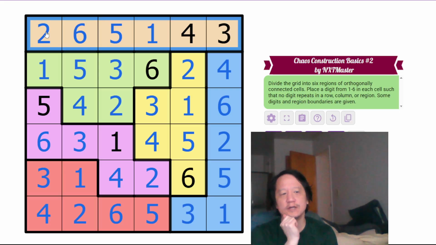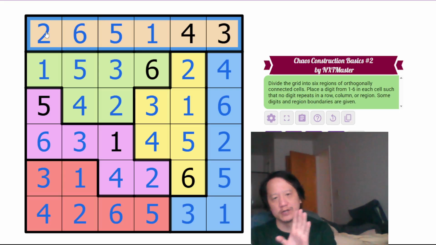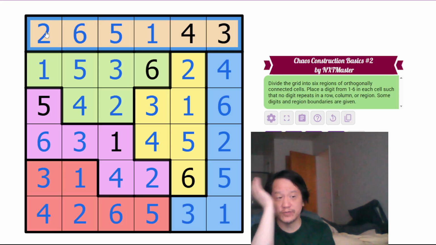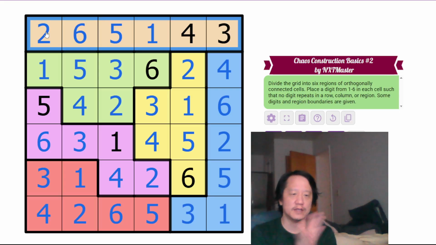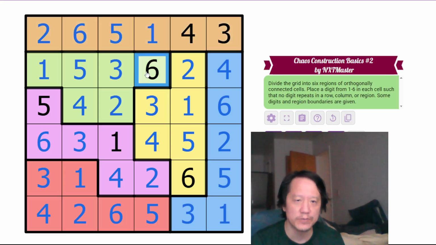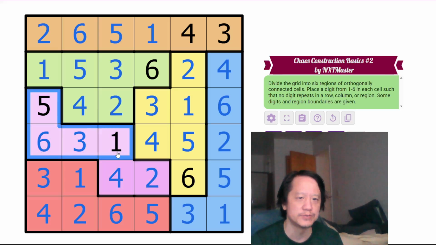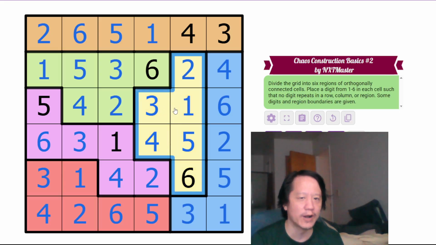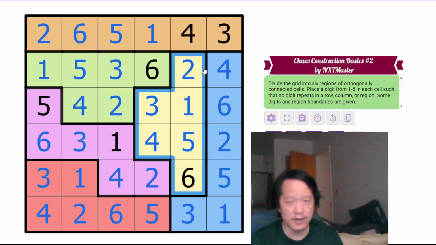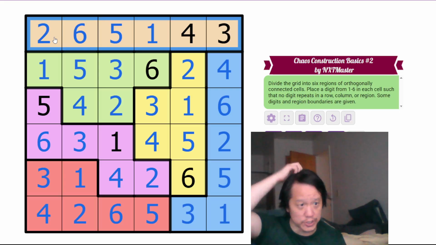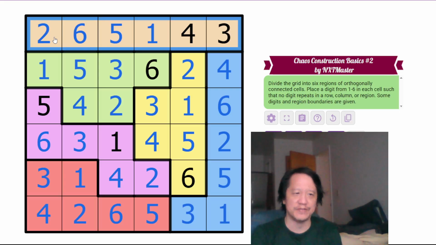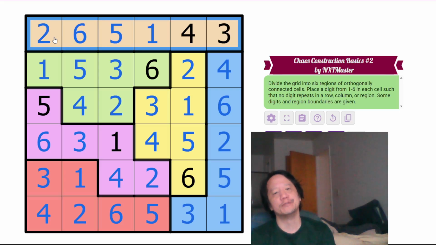So you'll use where the boundaries block regions, where they can expand to orthogonally. You also have numbers blocking regions, and that was very helpful there with the 6s here. And then other regions blocking boundaries, just because of where you have, at a minimum, where a region can be. And then you have finally just regions trying to reach their digits that they're missing. And that will often restrict where regions can go.